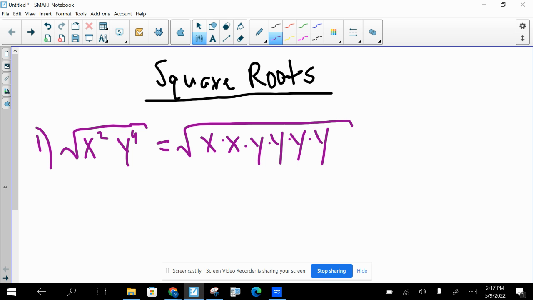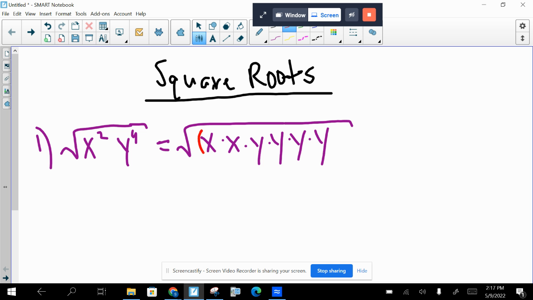Now, if we have a square root, that means that in order to pull something out of the radical, we need 2 of the same thing, right? So I need to find pairs, matching pairs, in order to pull that number or variable out of the radical. So now I'm going to put parentheses around my pairs.